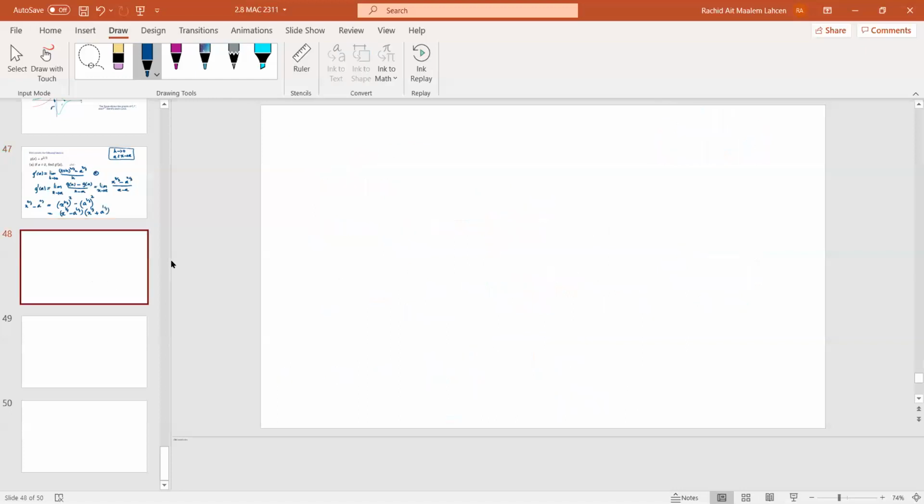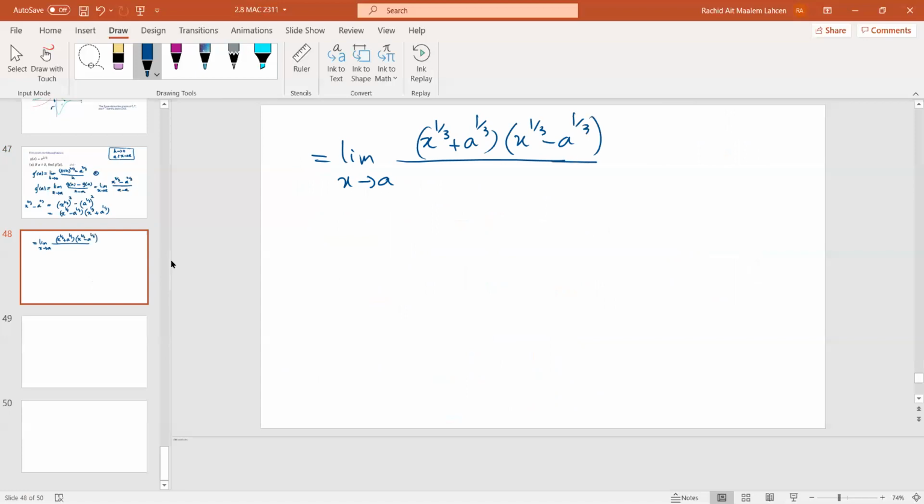Okay, so we can do that and see what happens. All right, so this is the trick I'm talking about. It looks like x minus a has some connection with these terms, but it's not super clear.